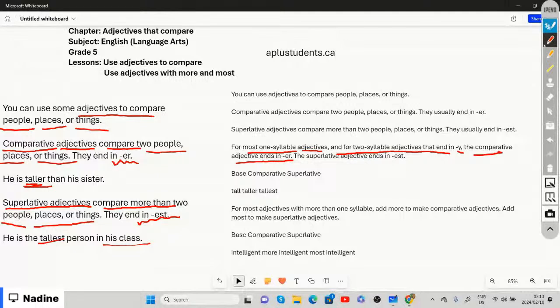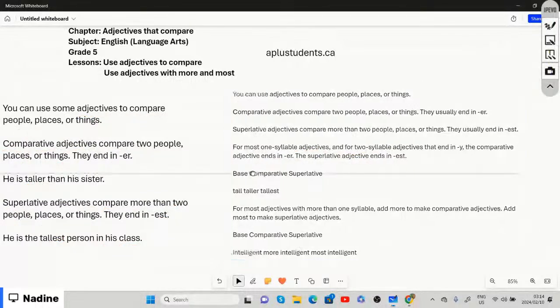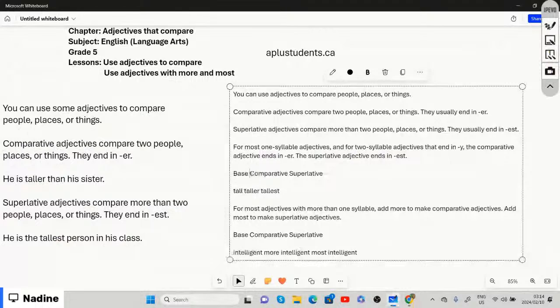So now we're going to identify first our base word, then our comparative, and then our superlative, right? So here we have our base word, a comparative adjective, and a superlative adjective.